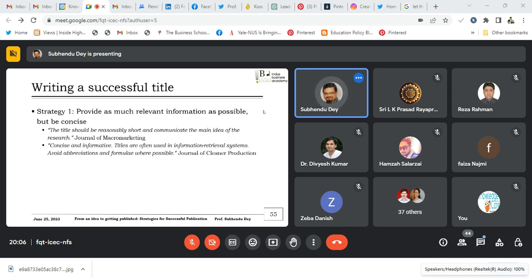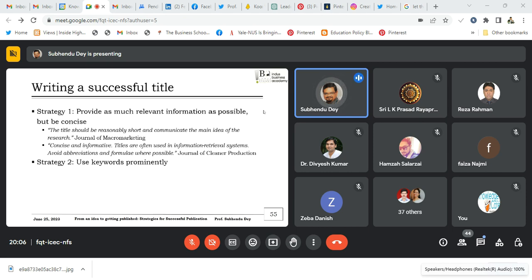Journal of Cleaner Production says concise and informative. Titles are often used in information retrieval systems. Avoid abbreviations and formulae wherever possible. So therefore, you have to provide as much relevant information as possible, but you will have to ensure that you are concise. You cannot go on and on for the title.